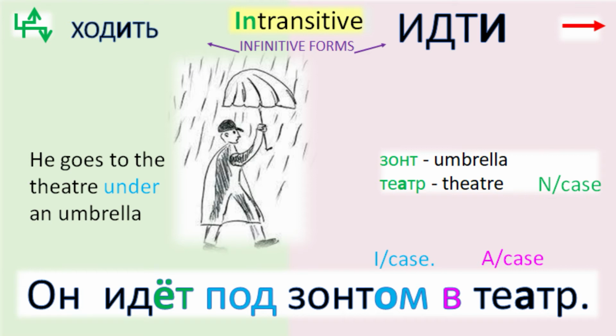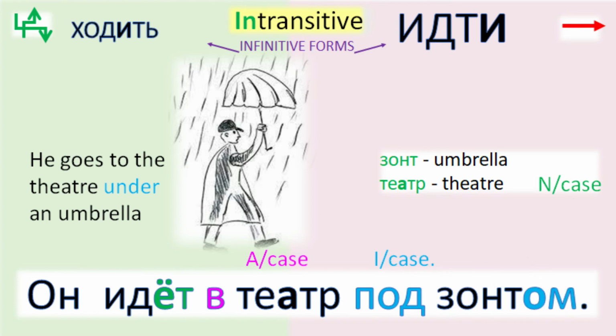In Russian sentences, you can change the order of the words, but you cannot change the cases. Он идет под зонтом в театр. Compare. Он идет в театр под зонтом.